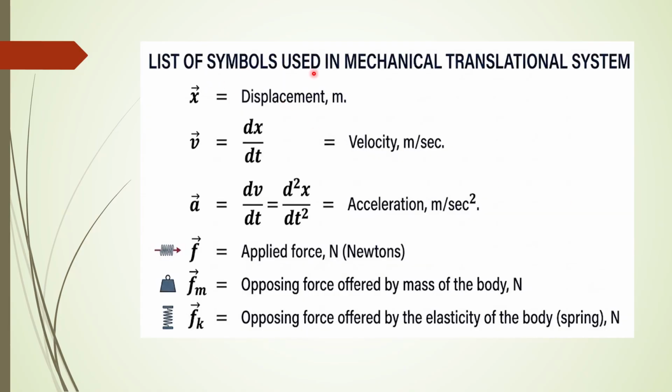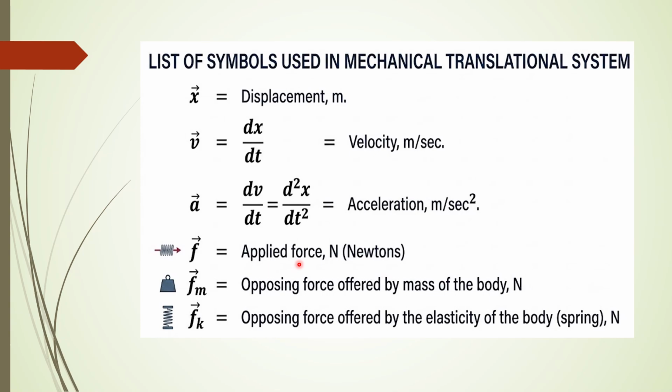The list of symbols used in mechanical translational systems. x represents displacement in meters. v represents velocity, which can be written as dx/dt. a represents acceleration, which can be written as dv/dt, which equals d²x/dt².